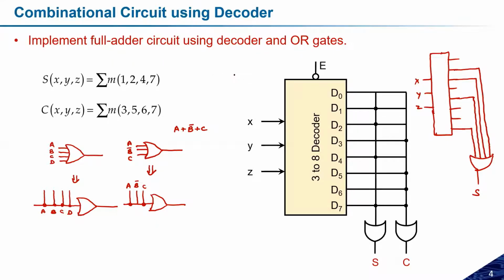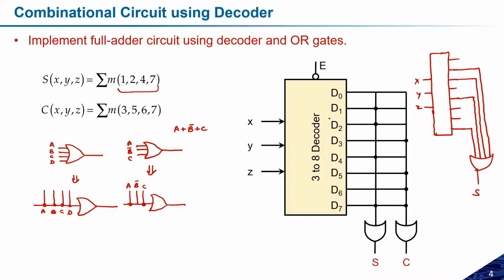Sir, the decoder outputs indicate the minterms. That's why we are just adding them using OR. Yes, see here, what does OR mean?